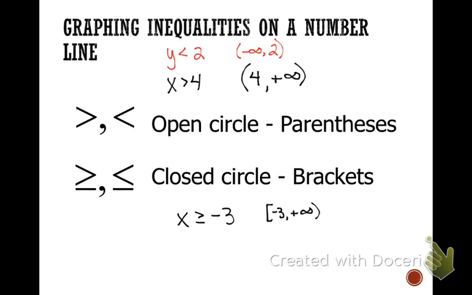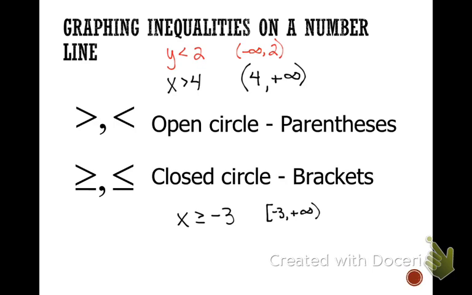Now, what do you notice about every single infinity, whether it's positive or negative? There's a sign in front of it, and on the very end of it, is it a bracket or a parenthesis? It's a parenthesis. Why is it never a bracket around infinity? Can you ever get to infinity? No. So this would basically say that we are going from negative 3 and up, every number bigger.